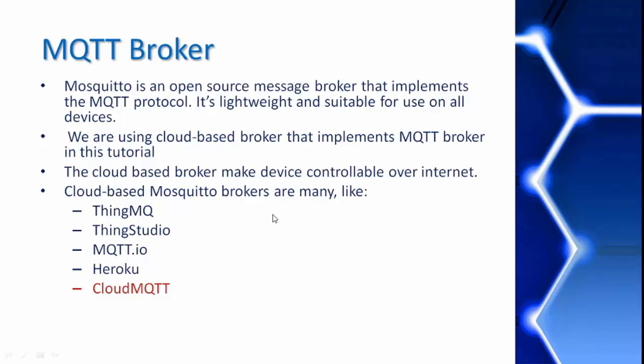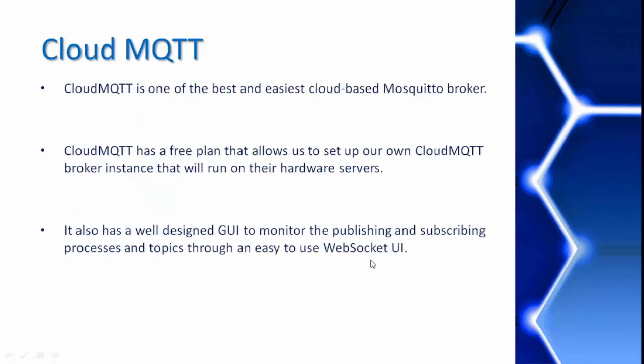Cloud-based Mosquitto brokers are mainly ThingMQ, ThingStudio, MQTT.io, HeroQ, and CloudMQTT. We are using CloudMQTT in this tutorial because CloudMQTT is one of the best and easiest cloud-based Mosquitto brokers.